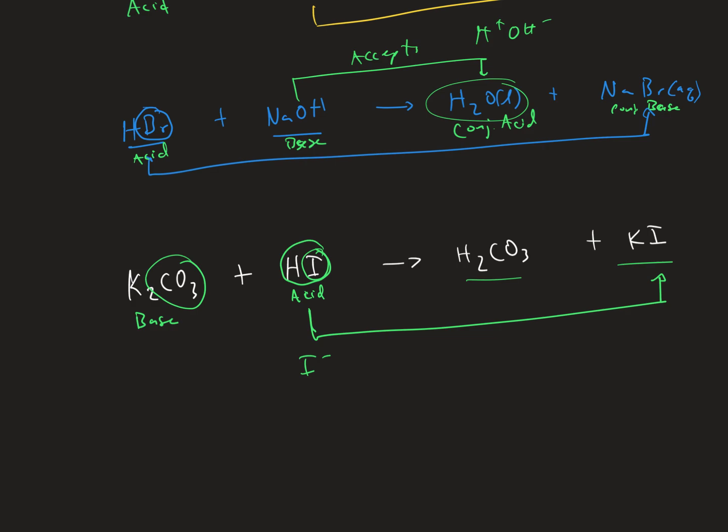So the HI donates a hydrogen ion, because it's an acid, and now it's the I minus. But now there's an extra potassium in there. Does it really hook up to it? No, it doesn't. We just put it there because it has nowhere else to be. So that's the conjugate base. The acid turns into a conjugate base, and the base turns into a conjugate acid.